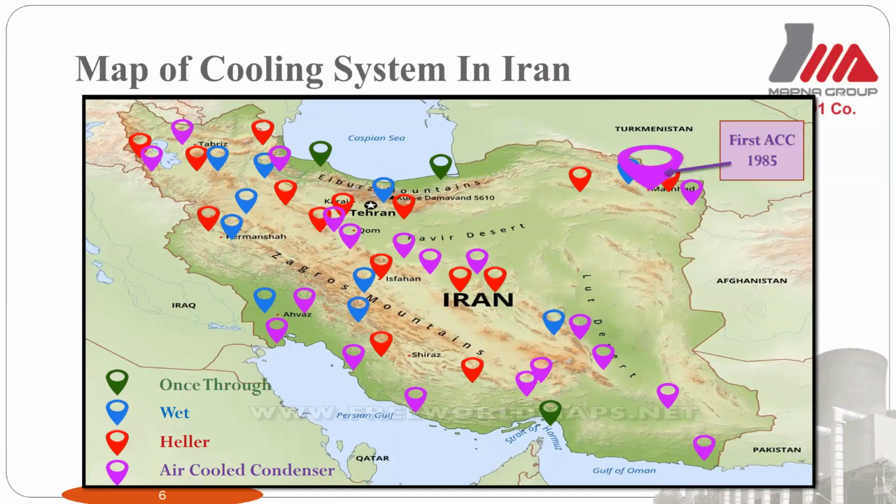Let's look at the next slide, which shows that the first air-cooled condenser was built in 1985 in the northeast of Iran, as you can see here with the purple sign. This multi-row ACC was built by Balcke-Dürr company. After that, other single-row ACCs were built for steam and combined cycle power plants in other places of Iran. As I mentioned before, except 3 of them, all others were built by MAPNA Group.